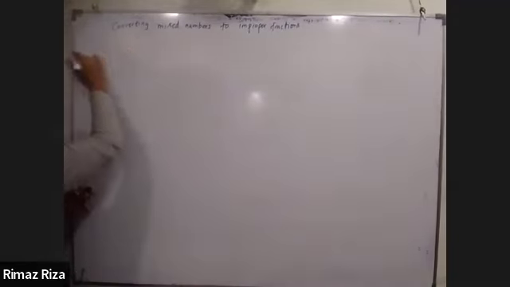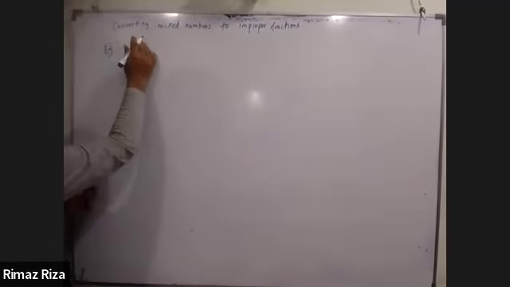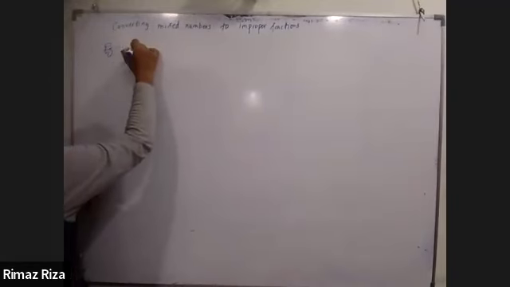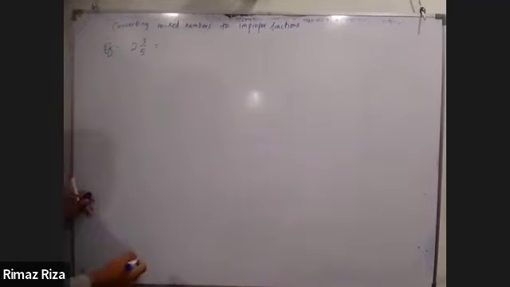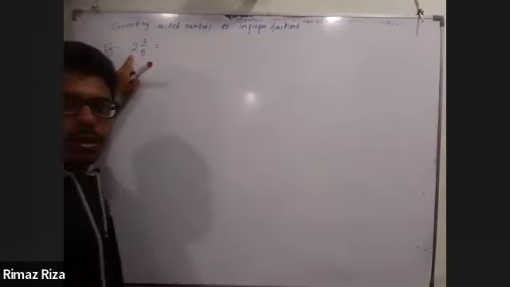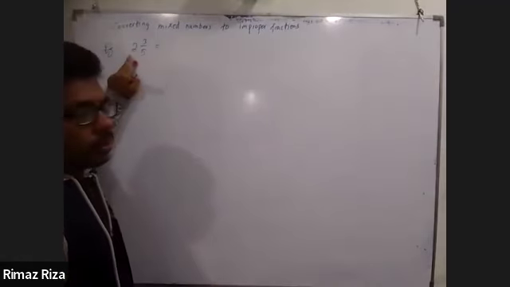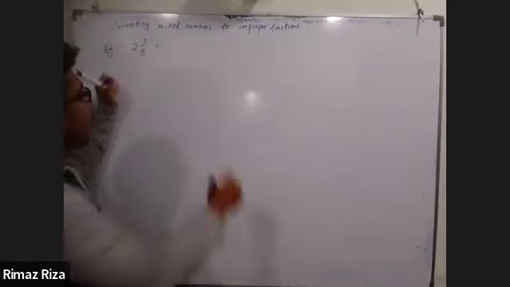Okay, now for example, 2 and 3 over 5. So here it's easy. 5 into 2 is 10. 10 plus 3, 13.